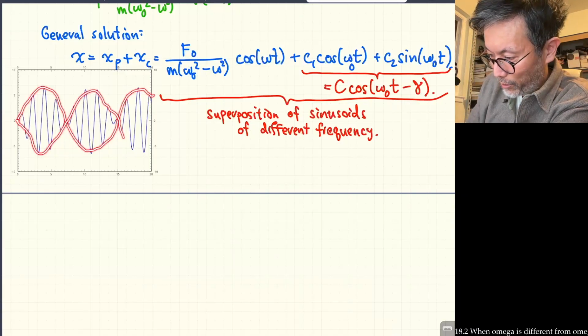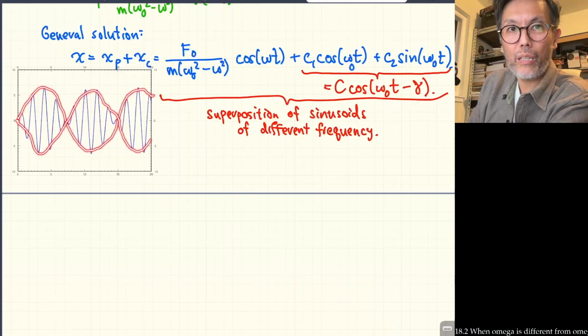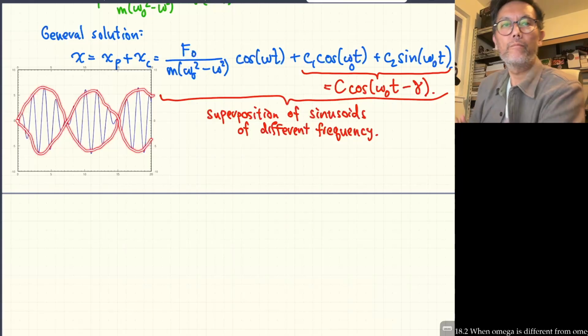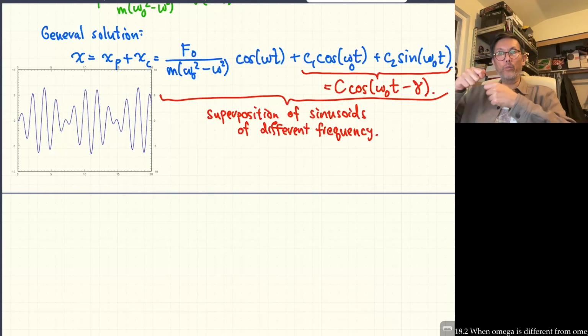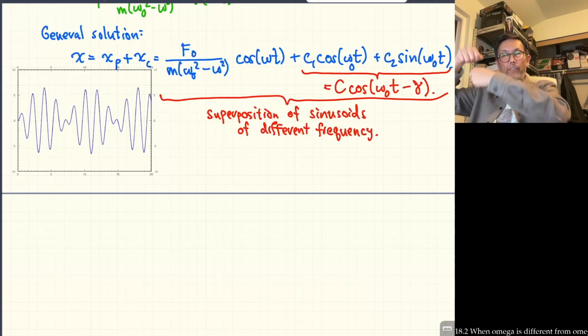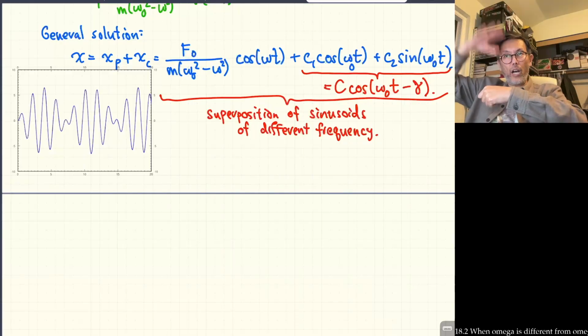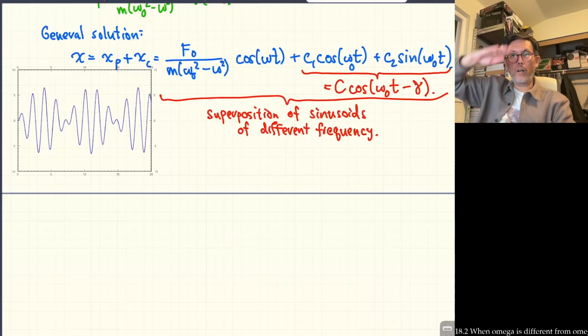These are the envelope curves. I can't draw well, but hopefully you get the picture. And what we see is the amplitude gets very, very large and then very, very small. The amplitude of the oscillation gets small and then large, and then small, and then large, and then small.